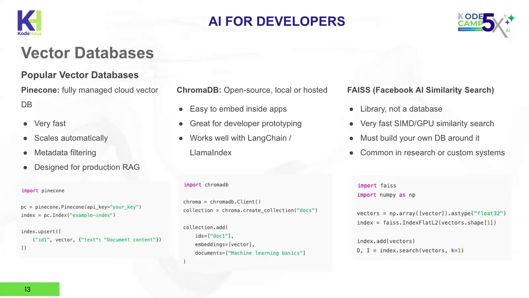It uses what we call SIMD, which is single instruction multiple data. So it can run very fast on GPUs. So if you have GPUs, you can set that up, right? And you will build your own database around it. But it's commonly used for research and for custom systems.